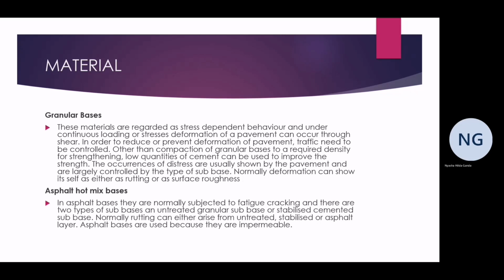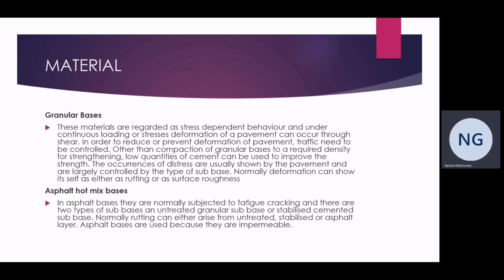Material. We can either use a granular base or an asphalt hot mix base. But as per our project, we found the asphalt hot mix base to be the most convenient to use. Under granular bases, these materials are regarded as stress-dependent, and under continuous loading or stresses, deformation of a pavement can occur through shear.